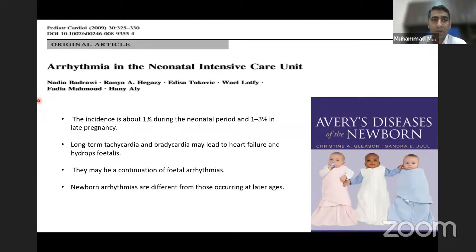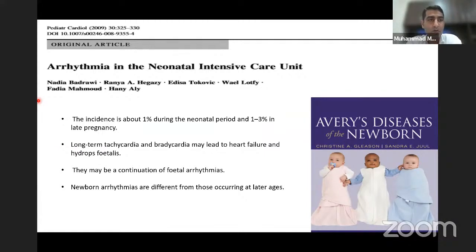Arrhythmias in the neonatal intensive care unit, specifically, as per the scope of this presentation: the incidence is around 1% in the neonatal period and 1 to 3% in late pregnancy, in the late fetus. Why is it important to talk about those arrhythmias?